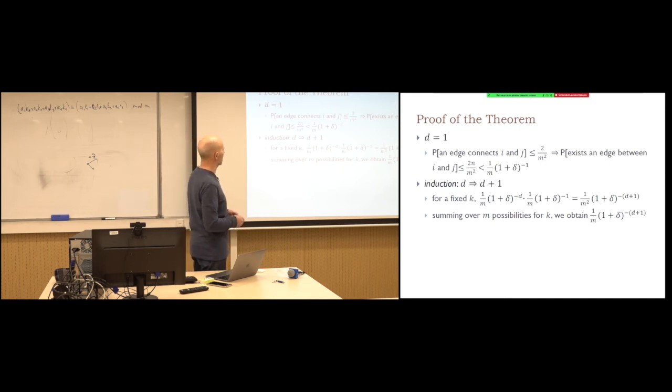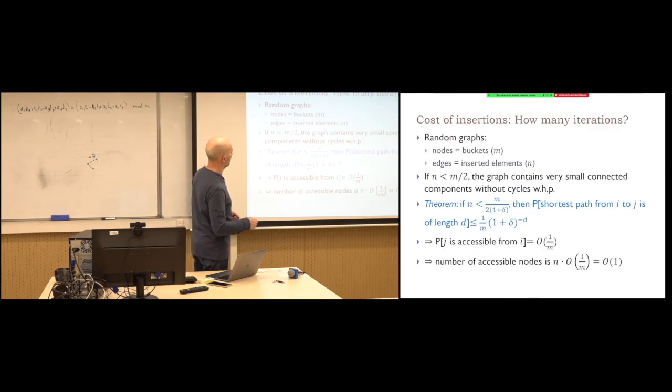Okay, so this is just a quick proof that the probability that we reach one node from another in d steps decreases exponentially with d.